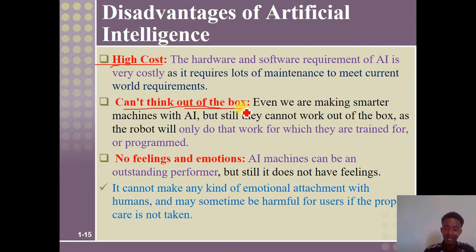It cannot be hungry. It cannot be tired. So they are feelingless and emotionless machines. They cannot think out of the box. They only do the work for which they are trained or programmed.